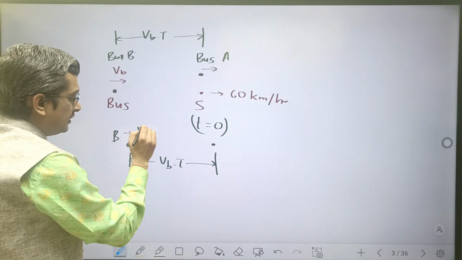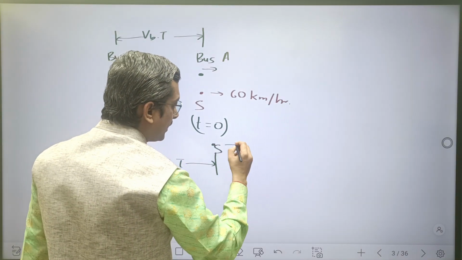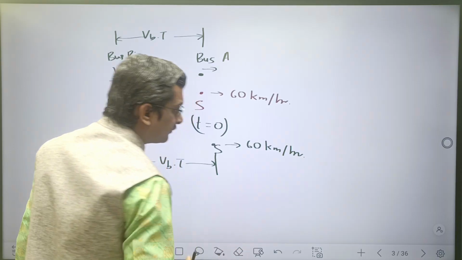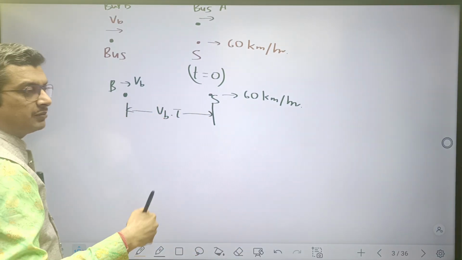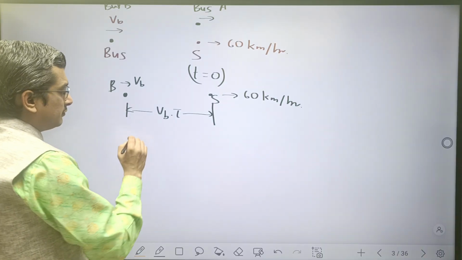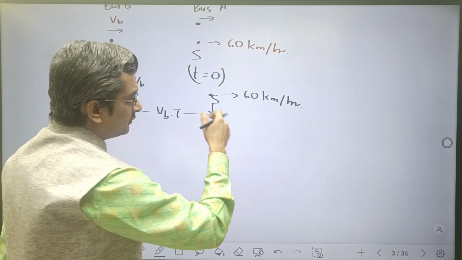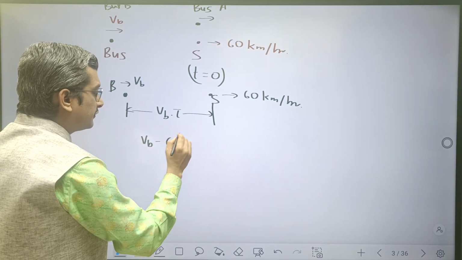So here bus B is approaching the scooty with speed Vb. Here the scooty S is moving along the same direction with speed 60 km per hour, and the distance between the two is Vb multiplied by T. So the equation must be like this: the relative velocity of approach of bus B with respect to scooty S is given by Vb minus 60.